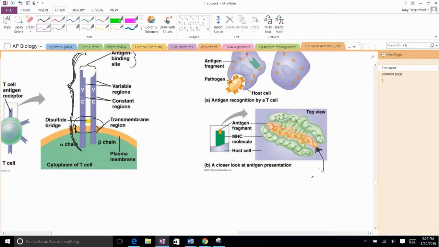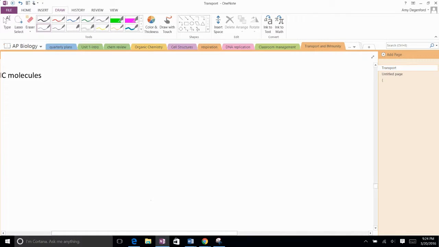That antigen is going to be complementary to the receptors. Similar to the active site, similar to the receptors that we've noticed with regulation, those proteins have to be the right shape. If we go to the MHC molecules, they are going to be found on all cells.